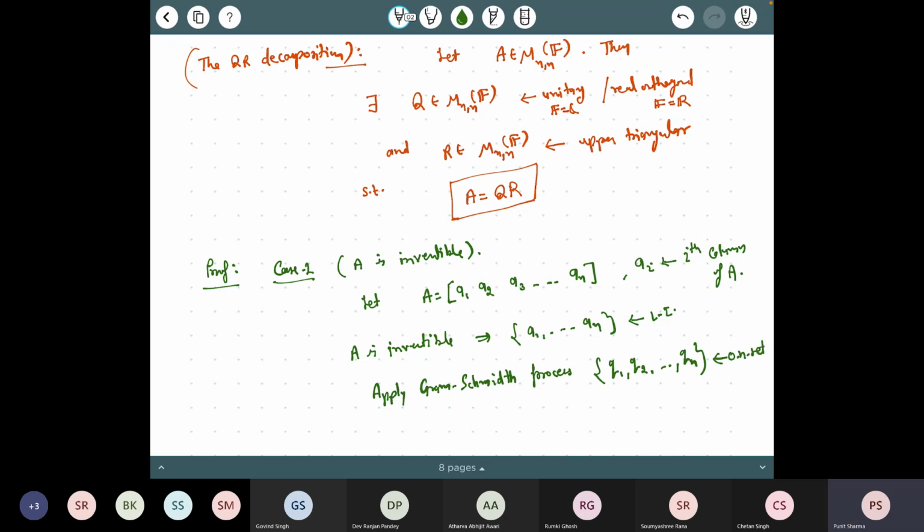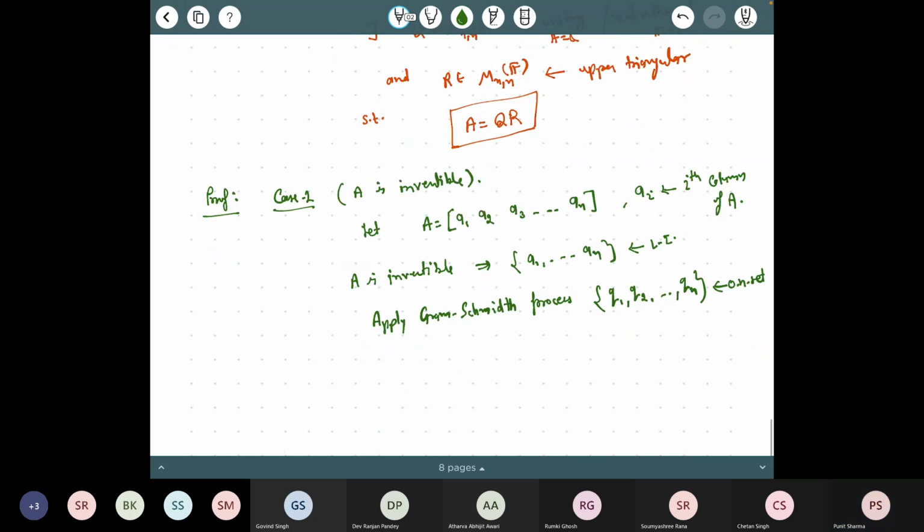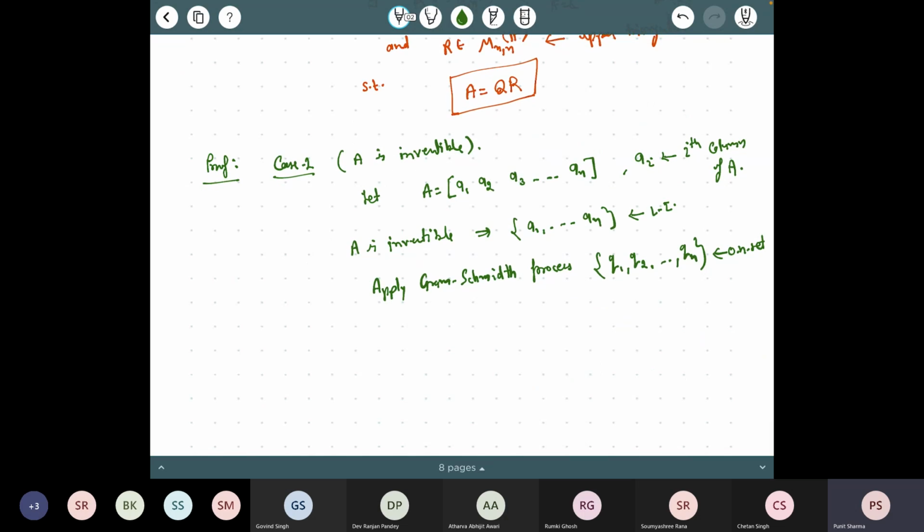So I was given A, I wrote A column-wise, the columns are linearly independent, I applied Gram-Schmidt and found an orthonormal set of vectors. Then using these Qi's, I will define Q, where the columns of Q are Q1, Q2, and so on up to Qn.